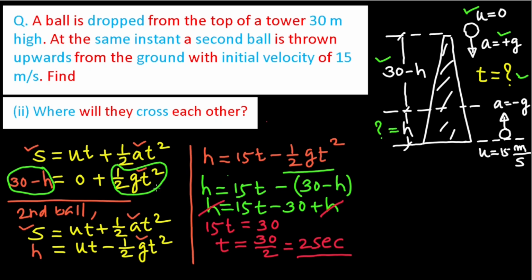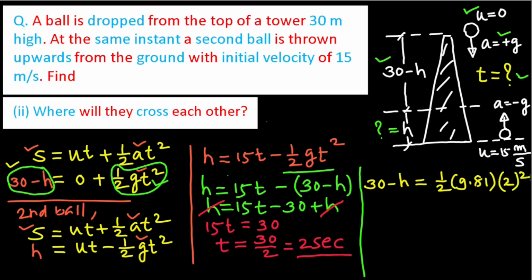So for that we will substitute the value of t here and write 30 minus h equals half. G is 9.81, t is 2 square, so it will be 2 multiplied by 9.81.